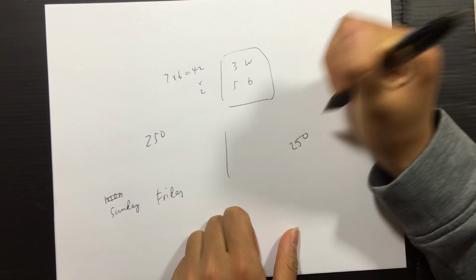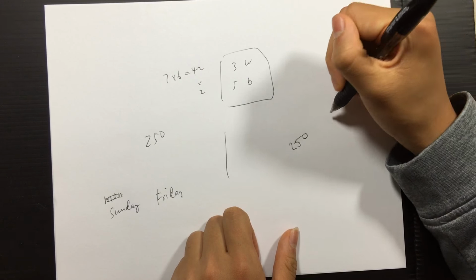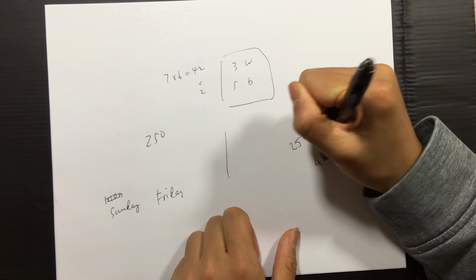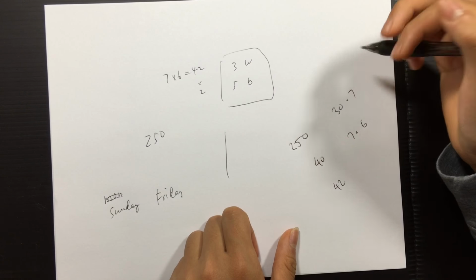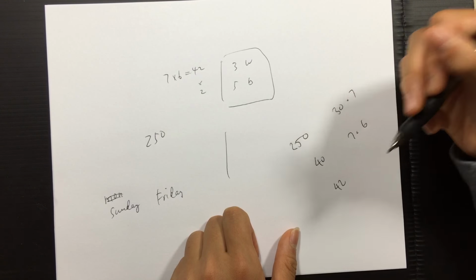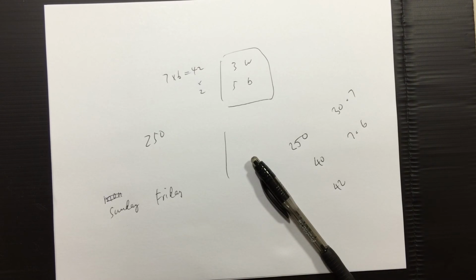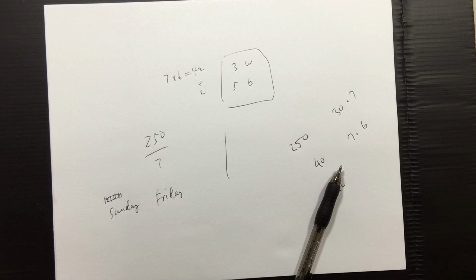So for 250, I'm trying to take as many 7s out as possible. I take 30 times 7 out, so then there's 40. Then 7 times 6 is 42, and to make it 40 you go back 2 days. That's the idea. Friday. Essentially you divide 250 by 7, and you don't care about the whole part. You want to know what's left over.